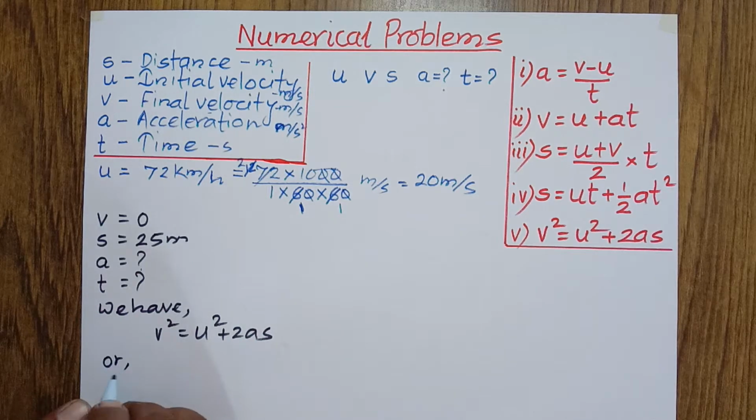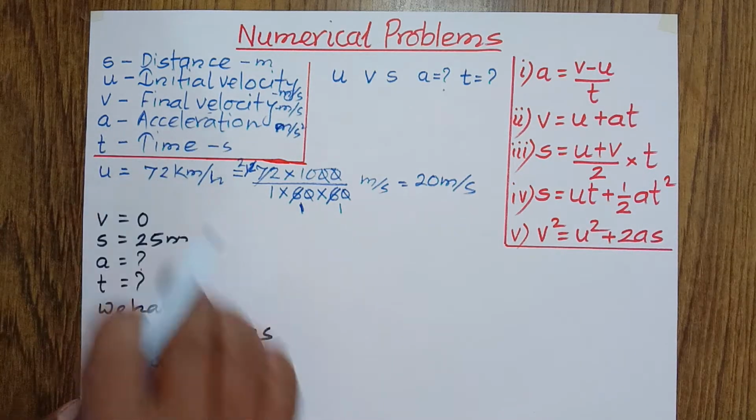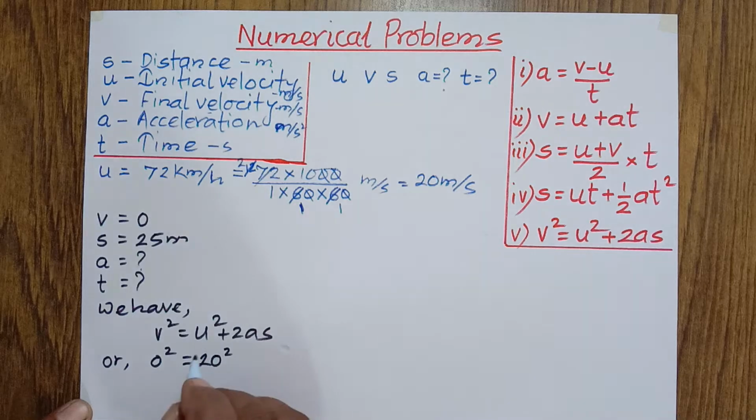And here V is equal to 0. That's why 0 square equal to U is 20, 20 square. We are not using units in the process. We are writing units at first in the given and at last in the answer. It's not necessary to write the units in the process. Okay, plus 2 remains 2.